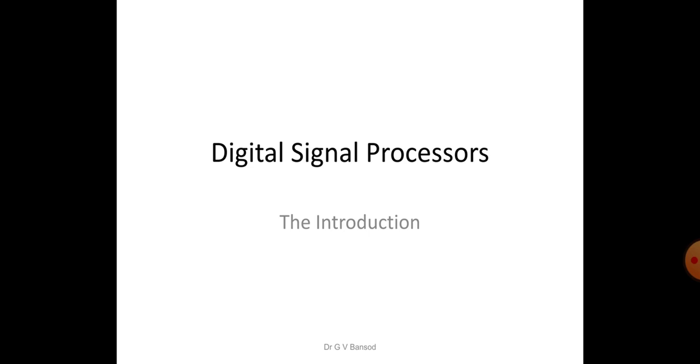So in the advanced processor, the unit number 5 and unit number 6 deals with the DSP related contents. So I am trying to prepare the e-content for the unit number 5 and unit number 6 of the advanced processor.